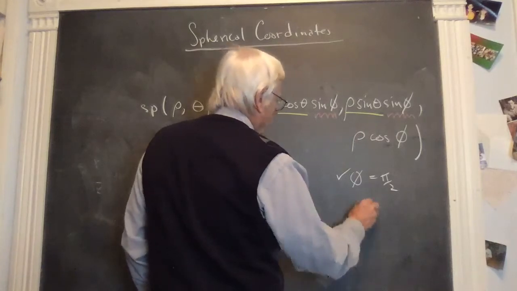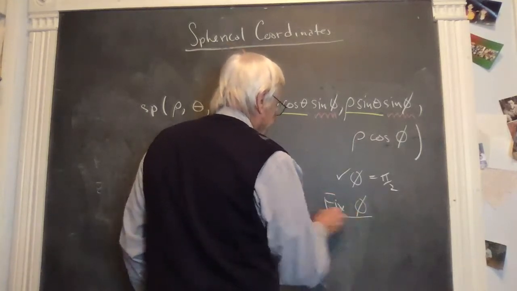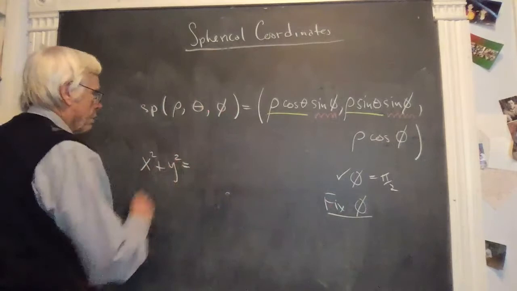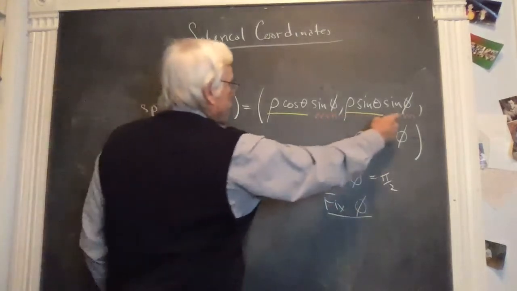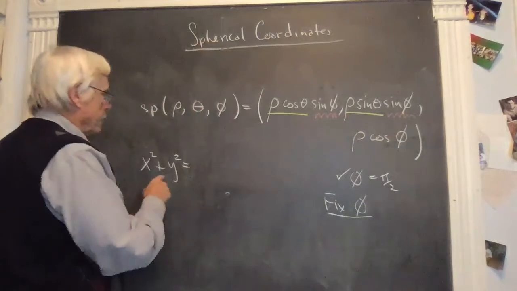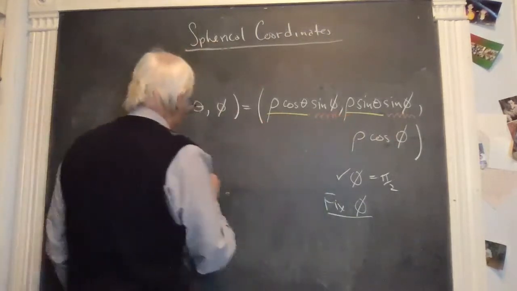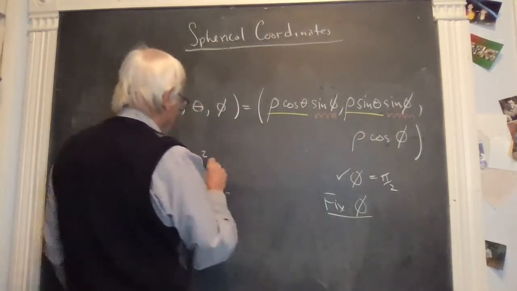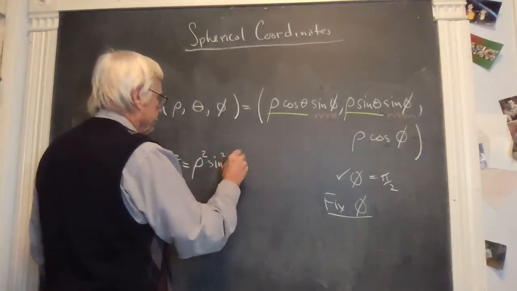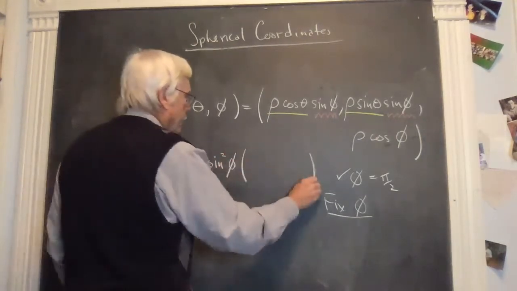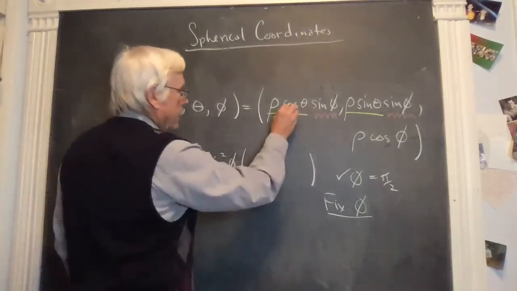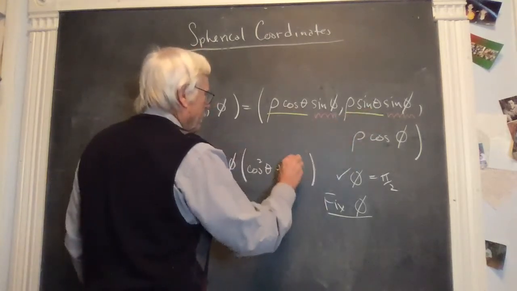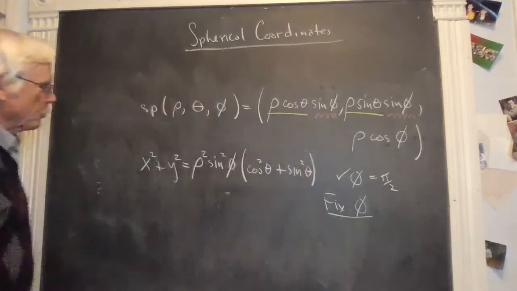Let's take an arbitrary, fixed phi, and let's add up x squared and y squared. So this is constant. When I add them up, I can factor that out, and rho I can factor out. So I'll get a rho squared in both terms, and I get a sine squared phi in both terms. What I'm left with in the first term is cosine squared theta, and then the second term sine squared theta, which is 1.